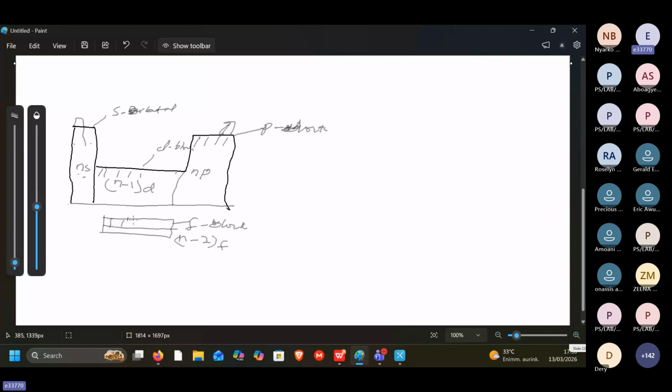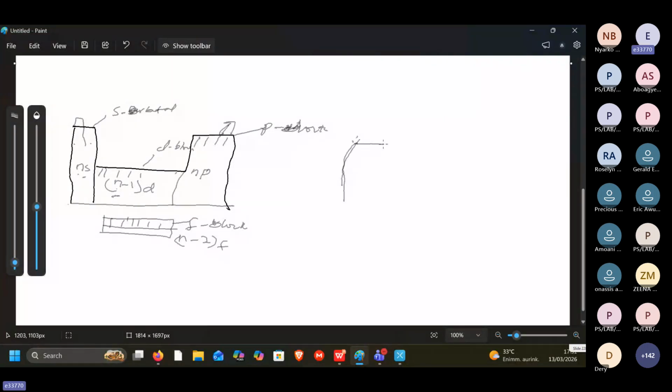Okay. Now I draw it again. This is how we say that the n has to do with the energy level. That's another way of saying the energy level, which we call shell or period. So in the periodic table, the energy levels are considered as the shells, or what we call periods.